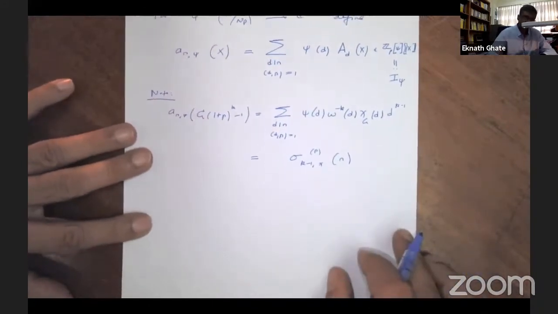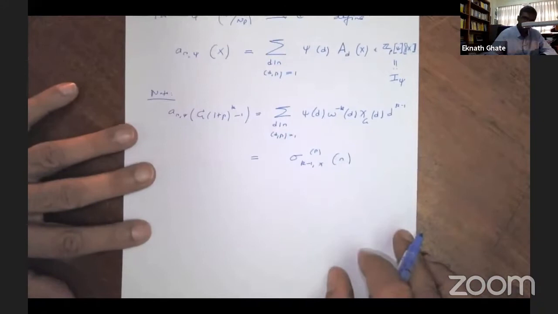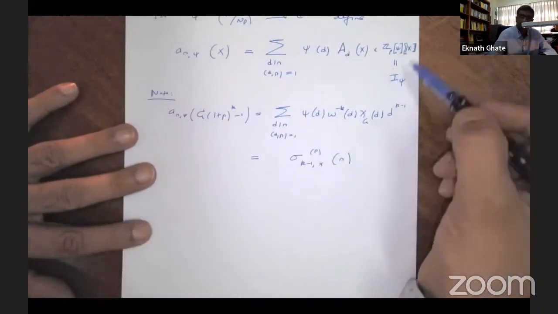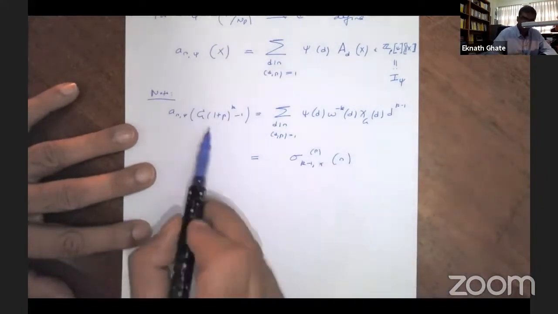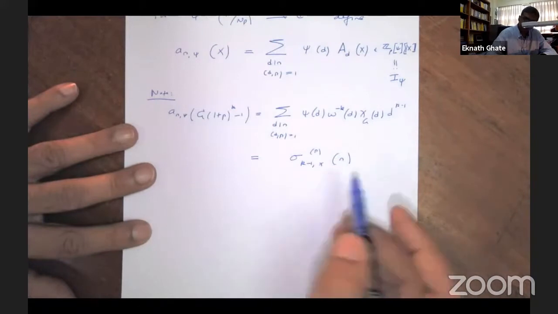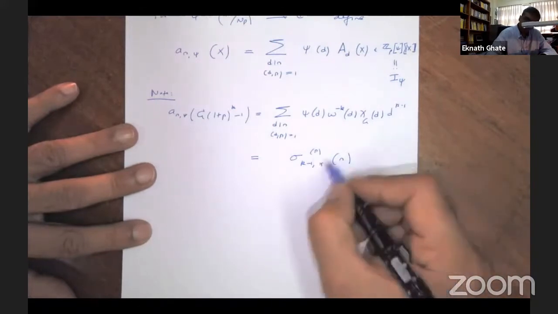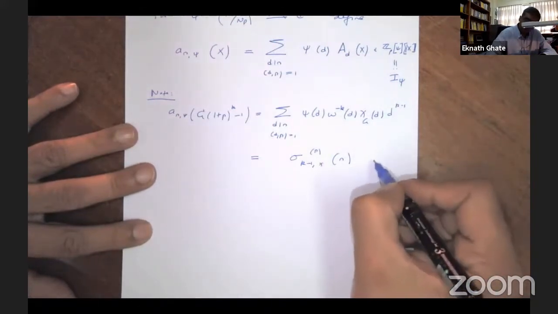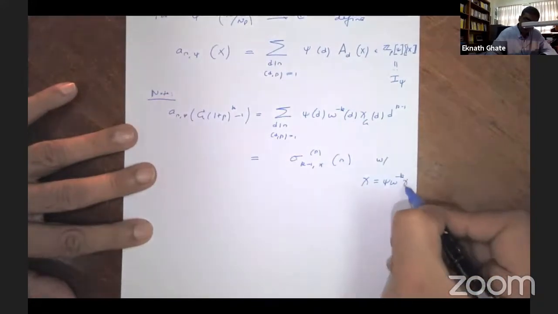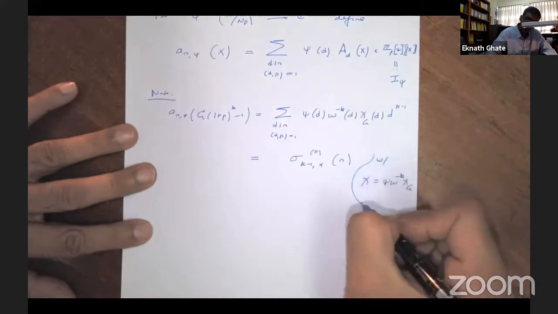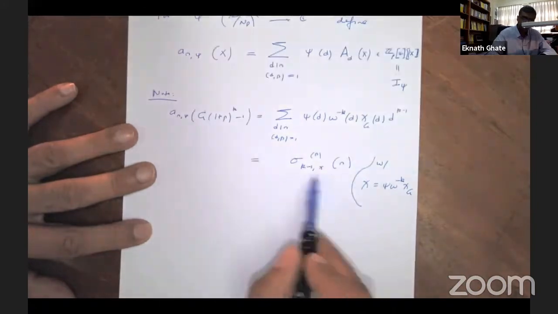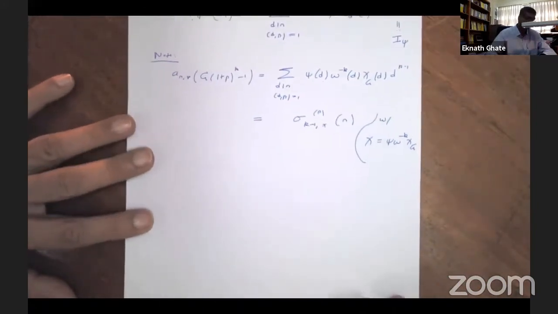So these 3 or 4 steps show that it is possible to construct a power series not in lambda, but in a slightly bigger extension than lambda, such that when you specialize at zeta 1 plus p to the k minus 1, you get this particular sum of divisors function, with, of course, chi being psi omega minus k chi zeta, evaluated at d. So we get exactly this.